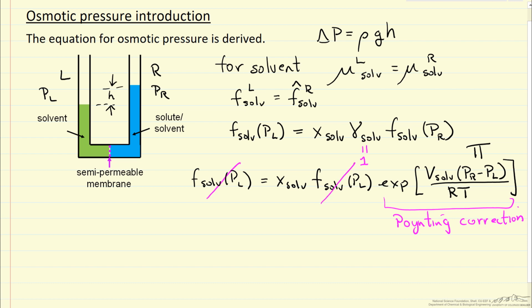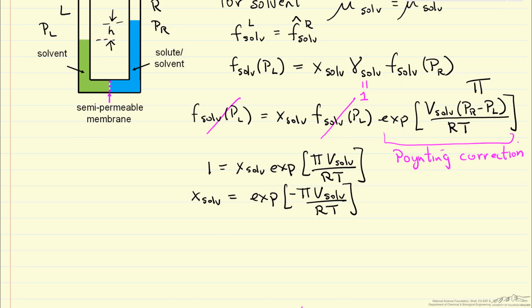So that term cancels, and so we can simplify. So let me pause and write down the equation with these changes. Now what I'm going to do is just rearrange this equation to solve for the mole fraction of the solvent. And now that I've rearranged it, and notice the minus sign as we brought the exponential to the other side of the equation, I'm going to take the log of both sides.